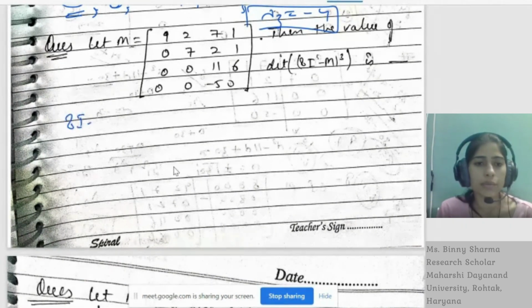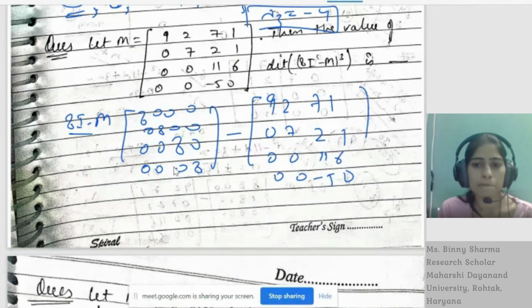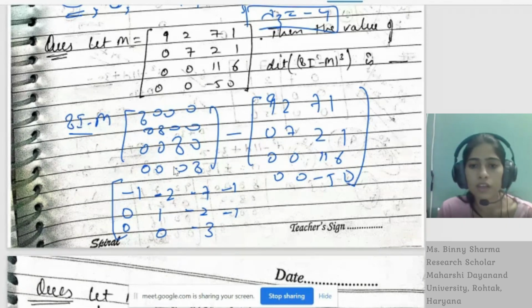Just take 8I minus M. After subtracting, we get minus 1, minus 2, minus 7, minus 1, 0, 1, minus 2, minus 1, 0, 0, 8 minus 3, 11, and minus 6. The next is 0, 0, 5, and 8.